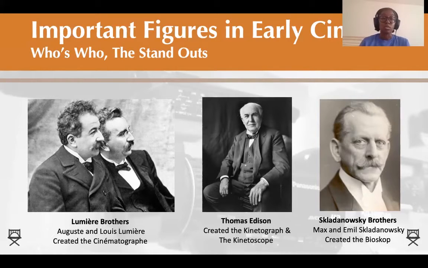Thomas Edison also created the kinetoscope, and when you see "scope," it usually means a way to view something. On the right side, you see the Skladanowski brothers, who created the bioscope. So the bioscope and the kinetoscope are ways of exhibiting footage that has been captured.